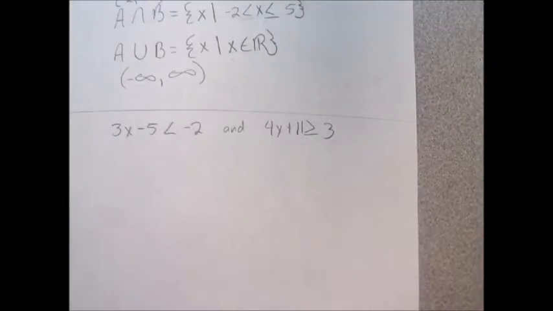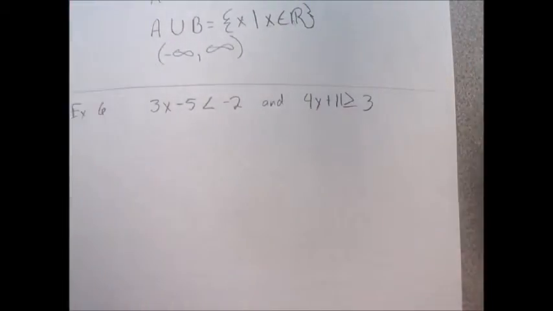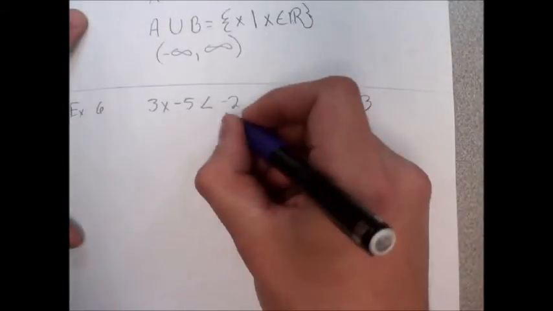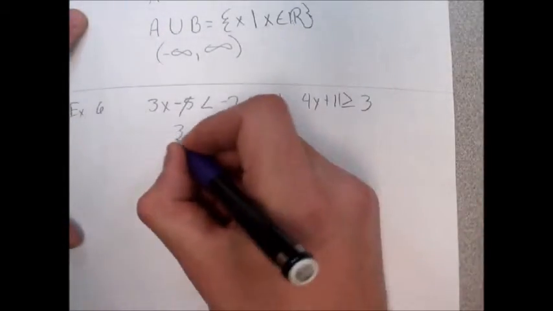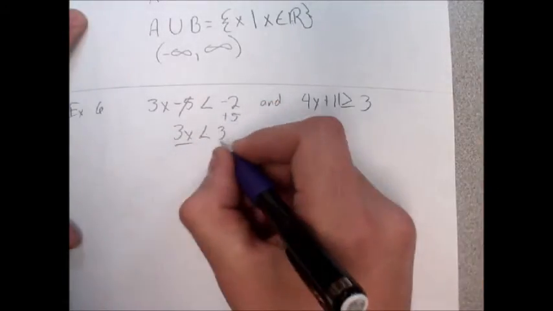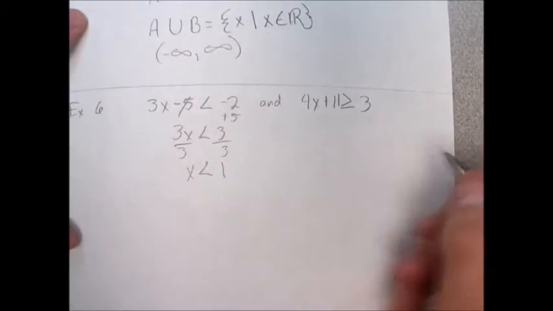Since it is an and, I'm thinking intersection. So I need to just solve the two separately at this current moment and then graph it and see what I can write in interval notation. So I'm going to add 5. I get 3x is less than positive 3. Divide by 3. X is less than 1. I have one thing down.